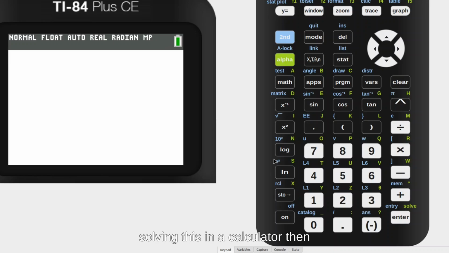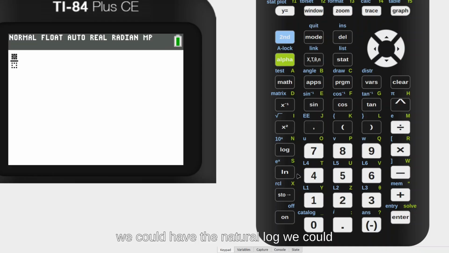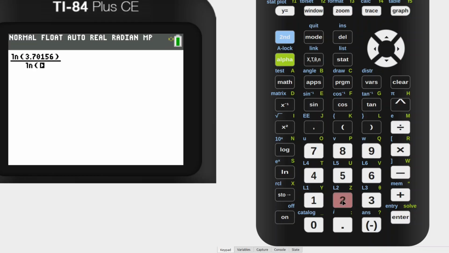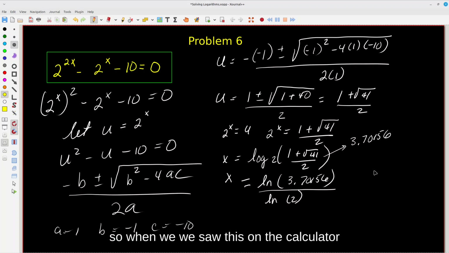So solving this in a calculator, we have the natural log of 3.70156 divided by the natural log of 2, and we get 1.888. So when we solve this on a calculator, we got x is equal to approximately 1.888.